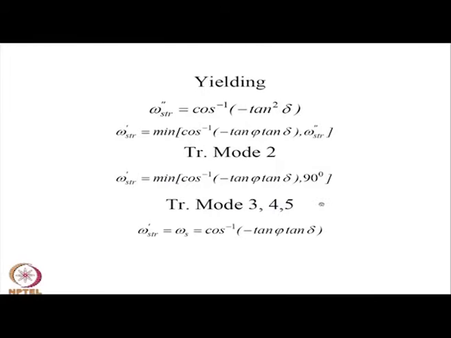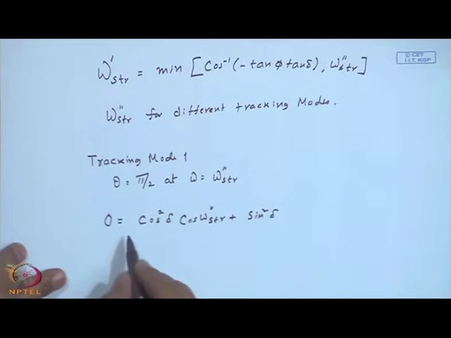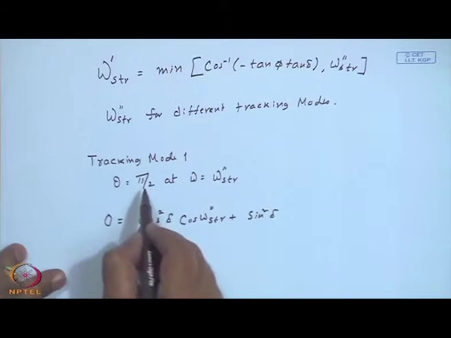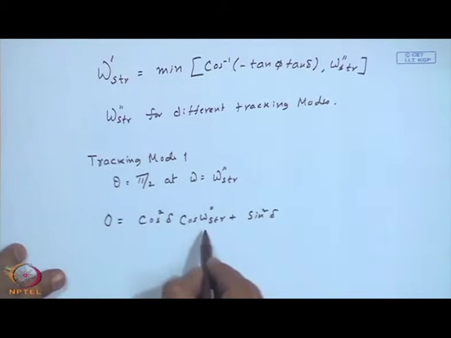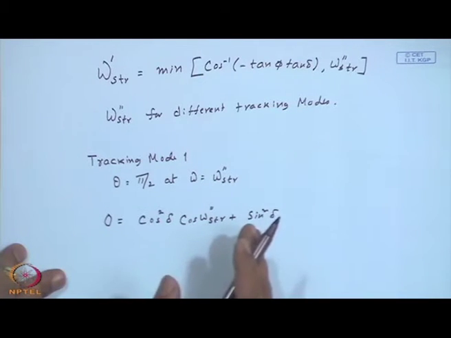Right. This we have done. I have written it elaborately by setting cos theta, the simple equation for the tracking mode 1, equal to 0, because theta is equal to pi by 2. The hour angle at which that occurs is the apparent sunrise sunset hour angle for the plane rotated about a horizontal east west axis with one single daily adjustment.